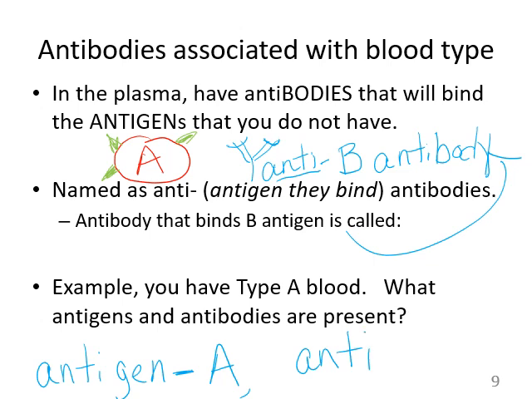So you'd have anti-B antibodies. Where is anti-O? There is no anti-O antibody, because remember, O means nothing. You can't have an antibody against a non-antigen. O means no antigen.